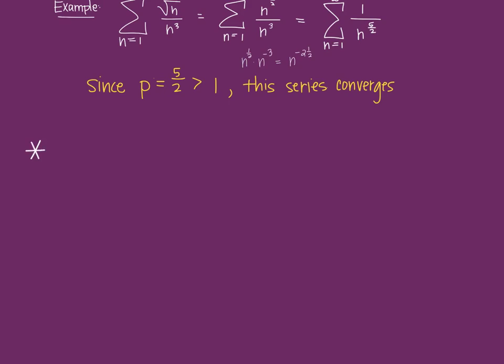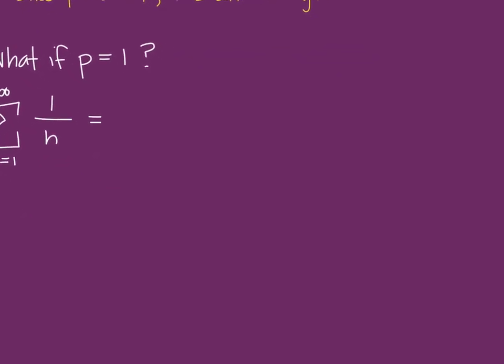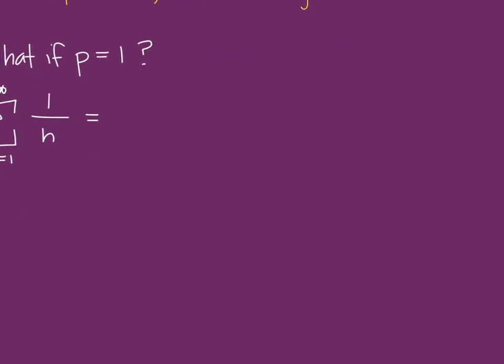So our question about p-series is, what if p is actually equal to 1? If p is equal to 1, then it's just 1 over n, right? This one is so common and so famous, it gets its own name. What are the terms of this?